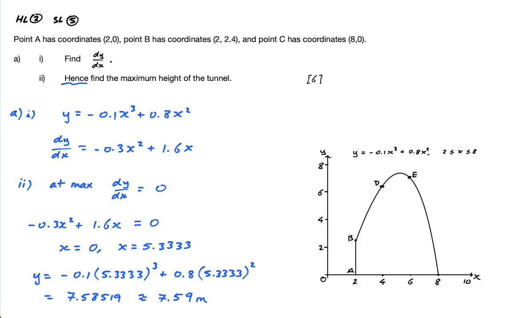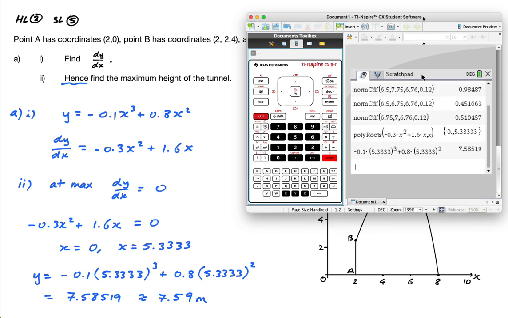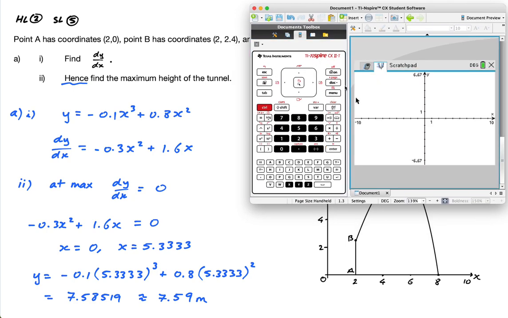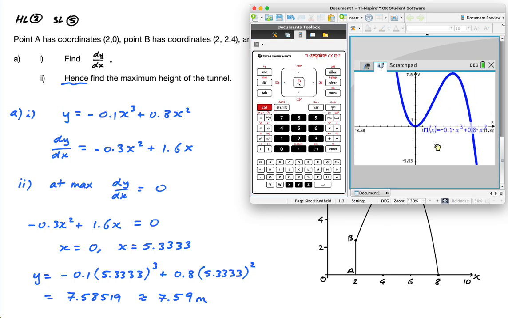Okay, just to check your answer, guys, you may as well graph this. It gives you a very nice way to check if you're right. You can graph this function here: negative 0.1x cubed plus 0.8x squared. Graph it, looks something like this.